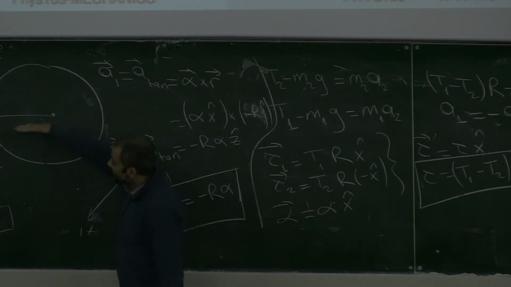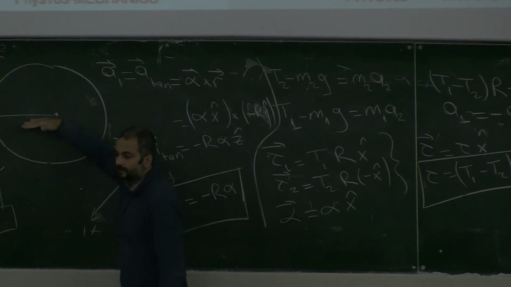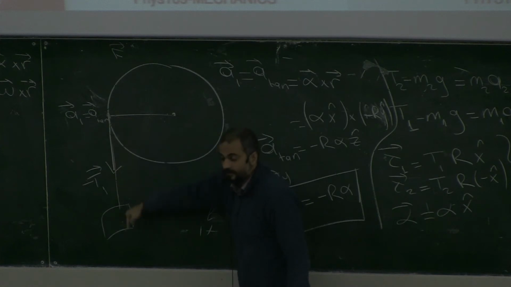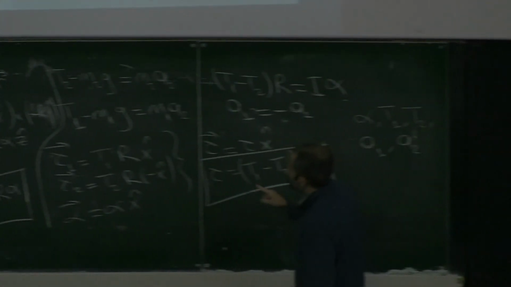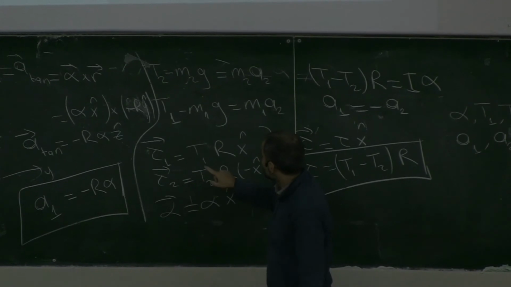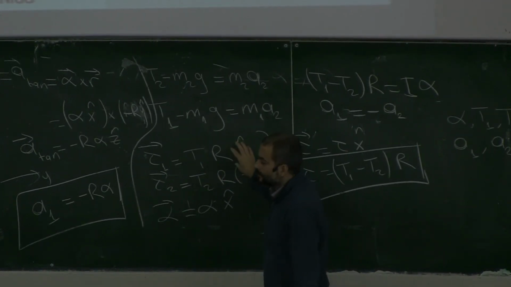So the torque is R cross F. So this is the direction of the torque. This is my position vector relative to my rotation axis, or my reference point, and this is the force. So R cross F is in this direction. So the torque created by the tension on the left-hand side is T1 times R times x hat. It's in the positive x direction.